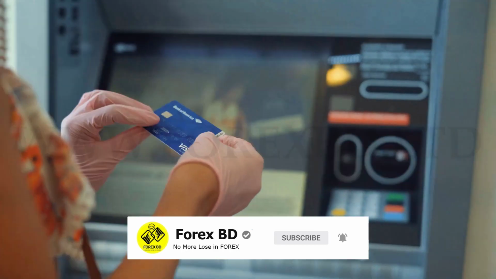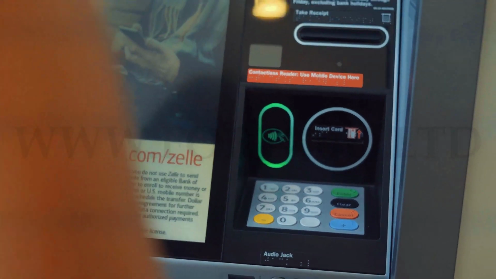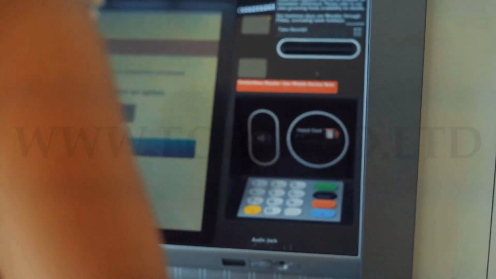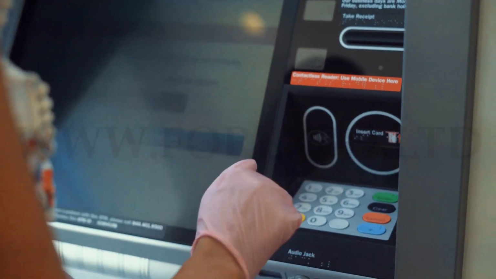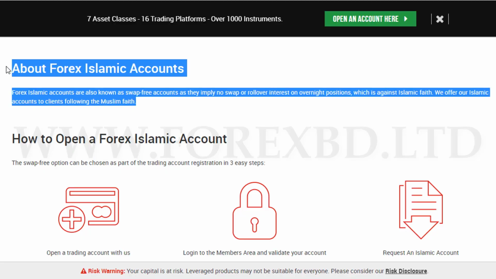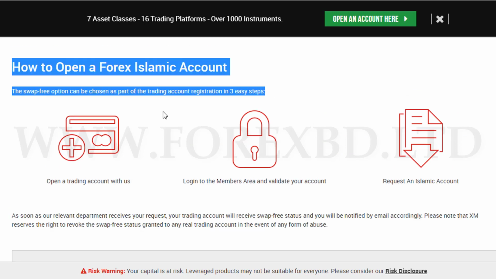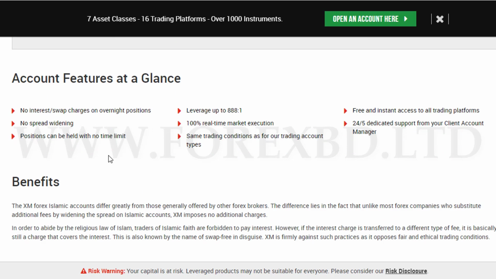Every central bank sets an interest rate, and these rates are very different from each other. For example, suppose the interest rate of the New Zealand dollar is higher than the US dollar. If you buy NZD/USD, you will get the interest which is the difference between NZD and USD. But if you sell NZD/USD, you have to pay a swap to hold the order every day. So this is how swap is calculated.